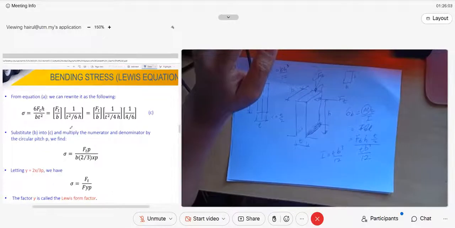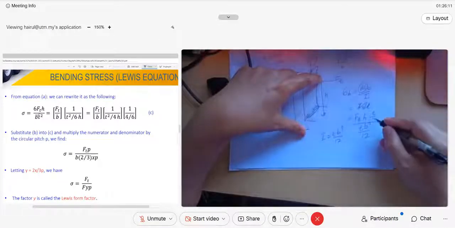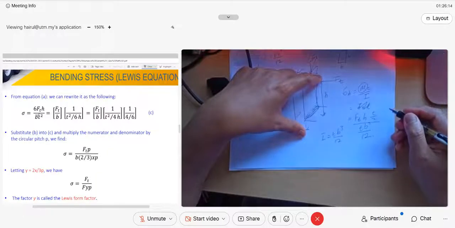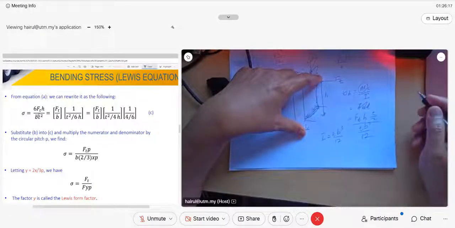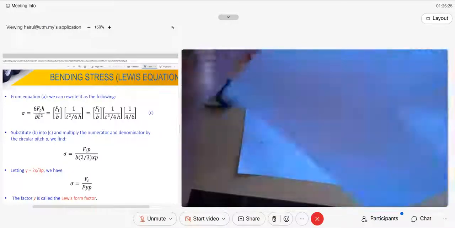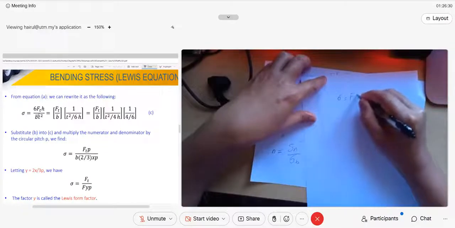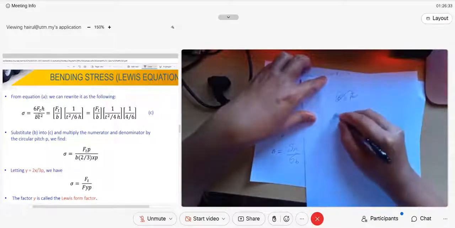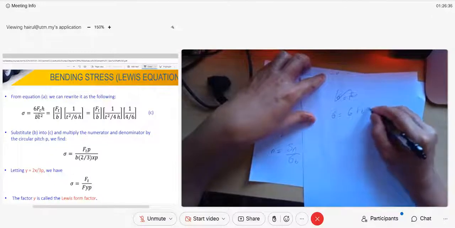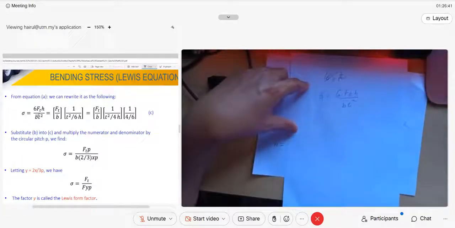So we can rewrite the bending stress as sigma is F tangent H over B T cubed. If I cancel, we can rewrite it as sigma equal to 6 F tangent H over B T squared. That will be our basic equation for bending stress.